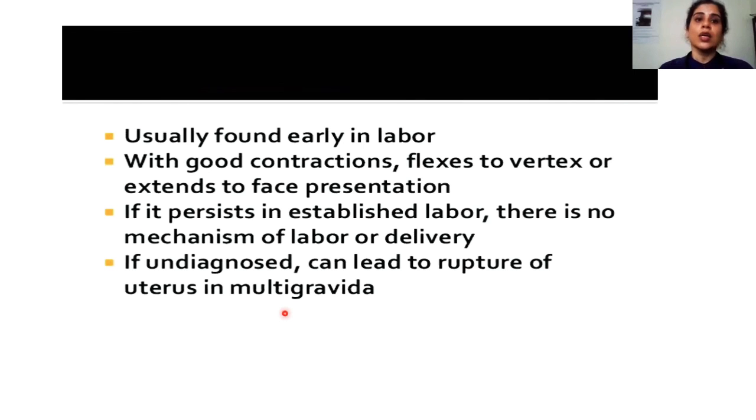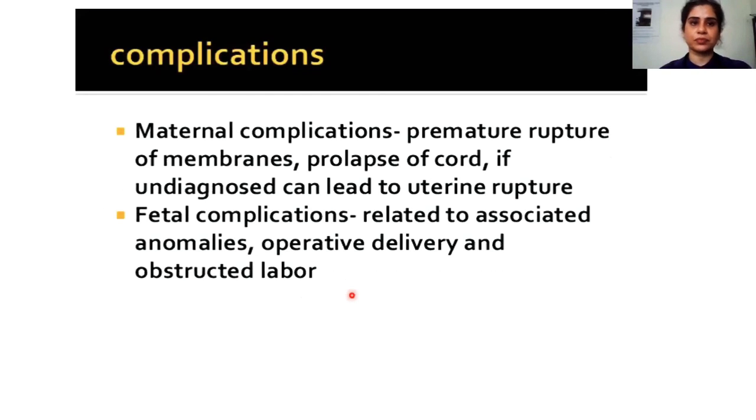It is usually found early in labor with good contractions. It can flex to vertex or it can extend to face, as I just told you. If it persists in established labor, there is no mechanism of labor or delivery. If undiagnosed, it can lead to obstructed labor, and in multigravida there can be rupture of the uterus.